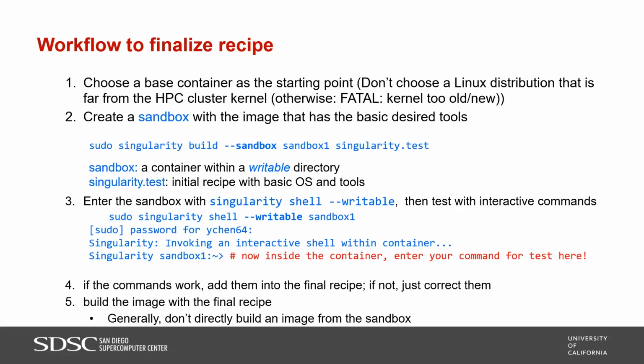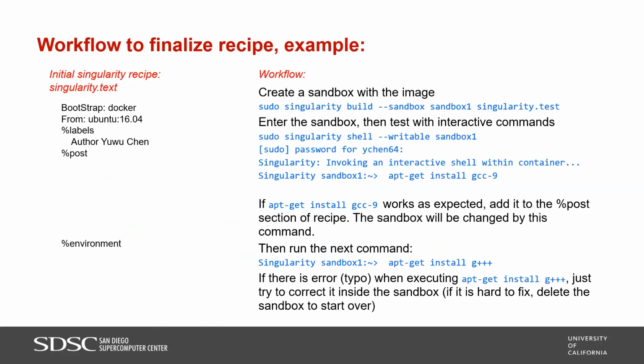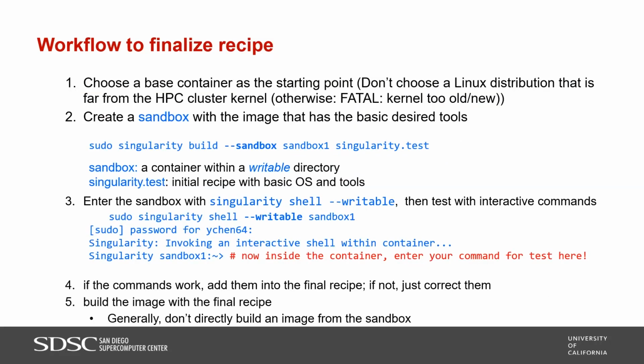And once you get your final recipe, you can just build your image with the final recipe. That should be much better than running the singularity build command many times.